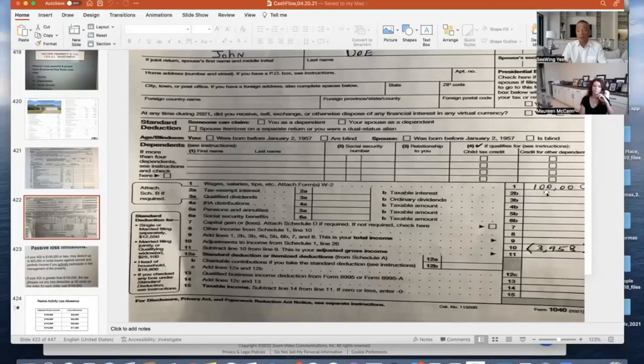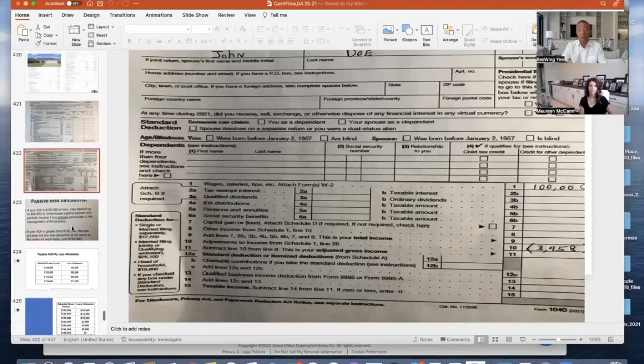So your 100 grand of ordinary income being taxed is lowered by the corresponding paper loss, passive losses, depreciation, whatever, right? So 100 grand reduced just a little bit equals 96,000 something in adjusted gross income subject to ordinary taxation, all right?